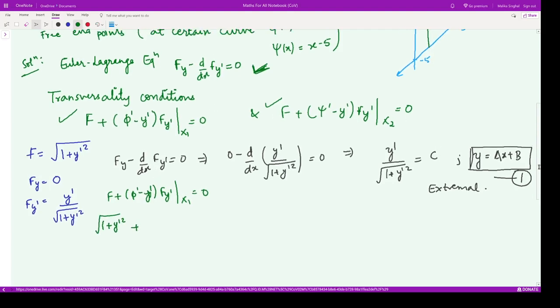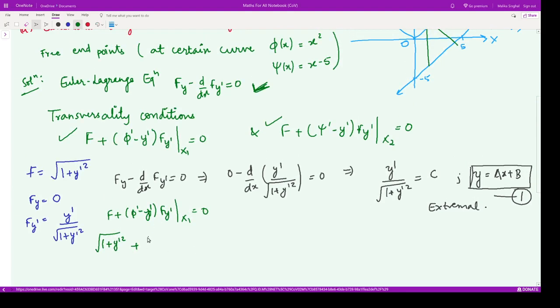Our phi was x square, so phi dash would be 2x, minus y dash as it is into fy dash. Fy dash is y dash divided by root of 1 plus y dash square, at the point x1 is equal to 0. So let us solve this.